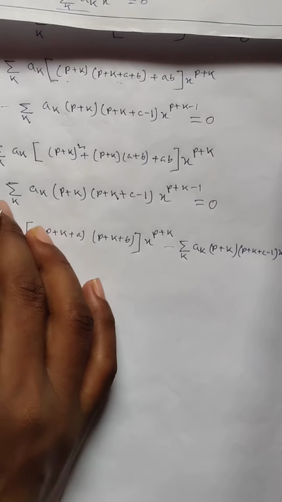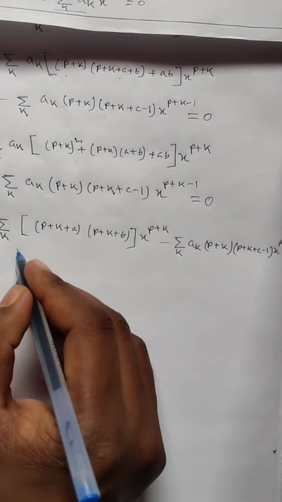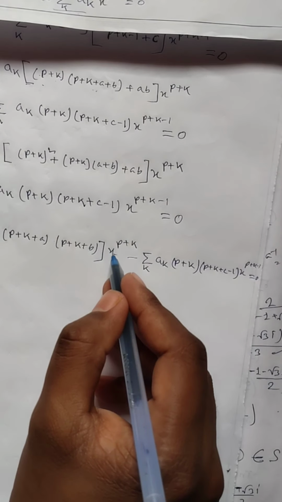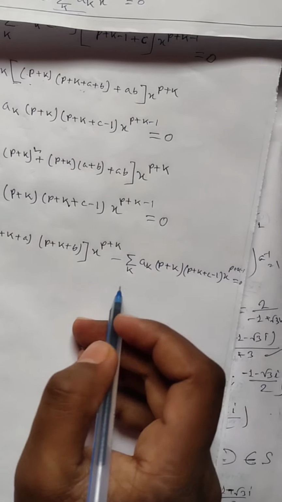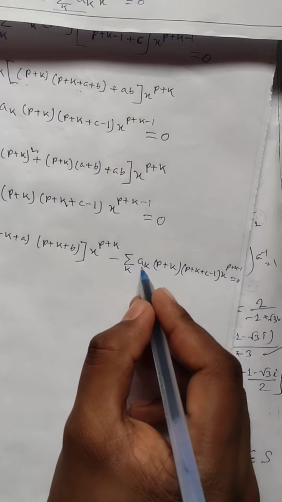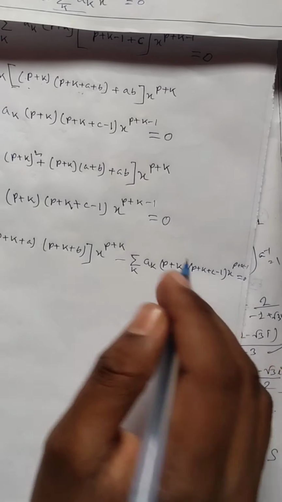Okay, then we get this equation here. Here the coefficient of x to the power p plus k is this, and the coefficient of x to the power p plus k minus 1 is ak (p plus k plus c minus 1).